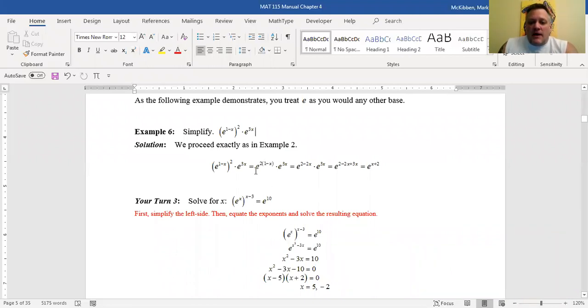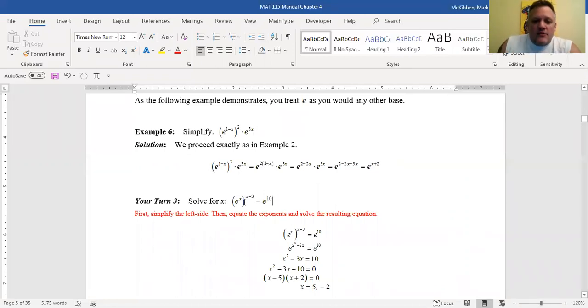And then to combine these, it's a product of powers with the same base. I'm going to add the powers, right? Well, this power is just 2 minus 2x, right? So if I add it to the 3x and simplify, I get e to the x plus 2. Right? So you treat these just like you did when it was 2 or 4 in here. e is just another number, you just can't write it out with a terminating decimal since it's irrational.